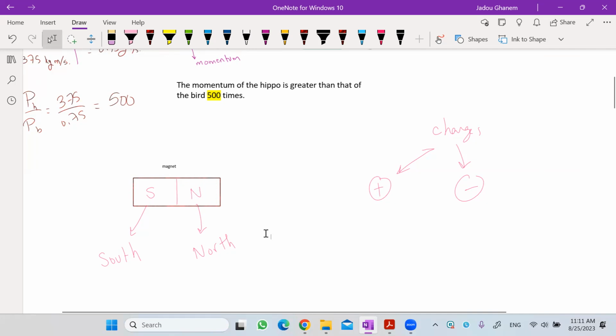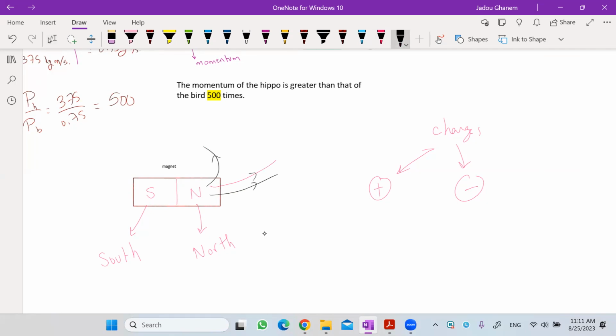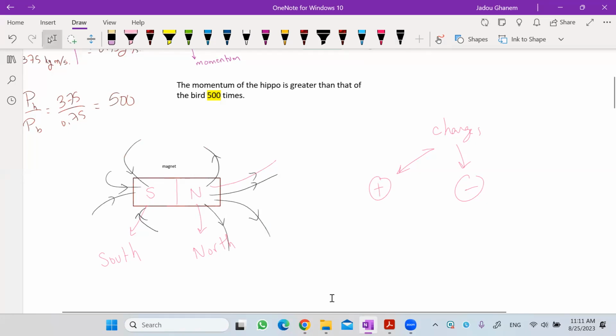So remember something, for magnets, the magnetic field will be moving out of the north and this magnetic field will enter the south. This is how magnets work.